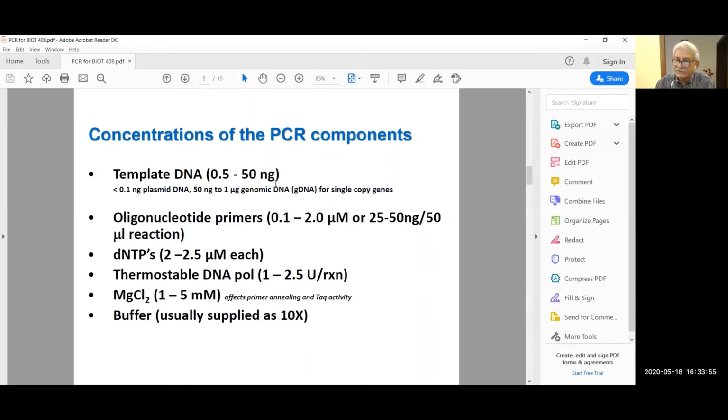Okay, that's the reason you see a range. This range is towards plasmid, this is towards the genomic DNA. If you're working with genomic DNA, you need a much higher concentration, which is sometimes 50 nanogram and sometimes even more than that. It depends on the genome size of that particular organism.